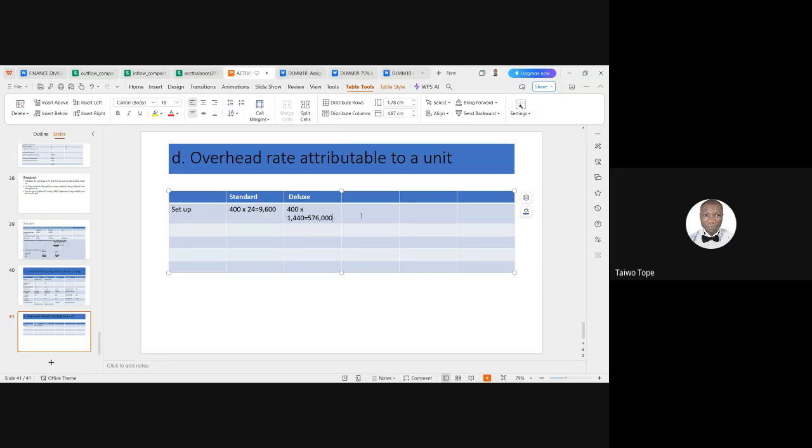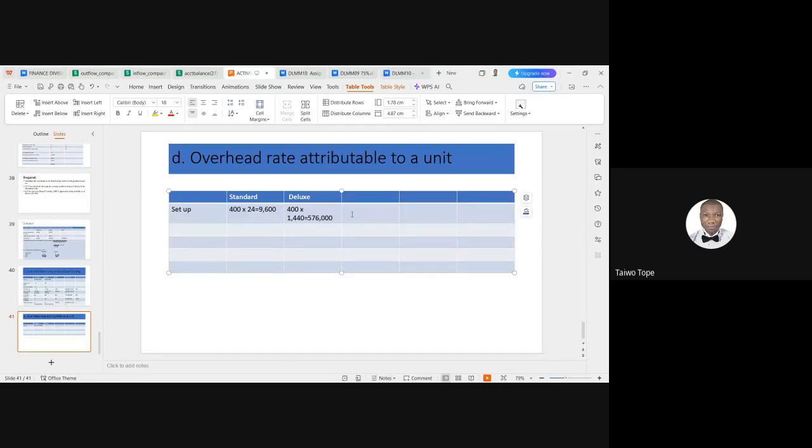The total overhead for setup is what? 585,600. Yes, 585,600. Fine.